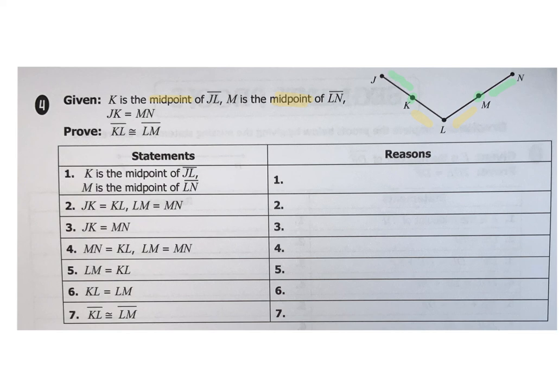All right. So the first statement is always easiest. Why can I say that K is the midpoint of segment JL and M is the midpoint of LN? Given. Yeah, that was given. Now, they have said that JK equals KL and that LM equals MN.